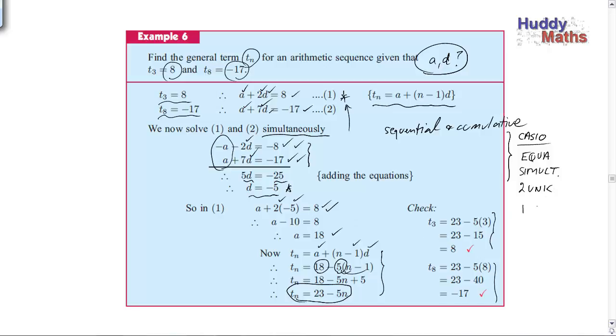So the first one would be 1, 2, 8, and the second one would be 1, 7, neg 17, and it would solve it for you. So it depends on whether the question says show algebraically or without technology. Otherwise, this would be a way to go. Do it on the calculator.